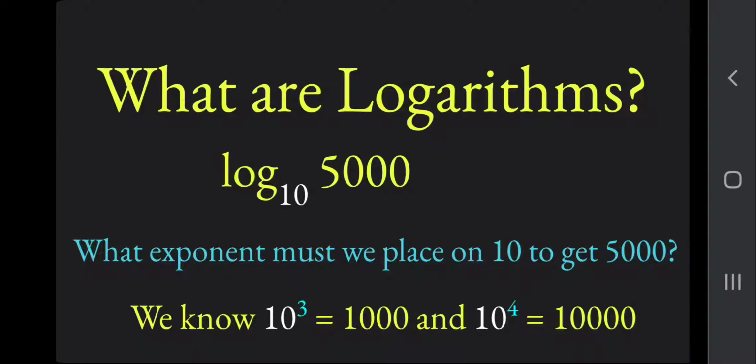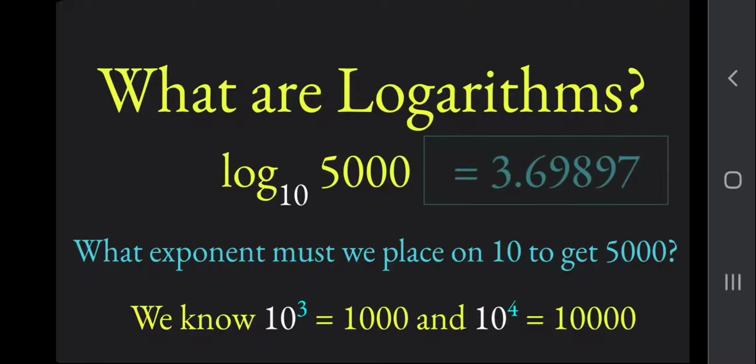So that means log base 10 of 5,000 is going to be somewhere between 3 and 4. If you just punch log 5,000 into a calculator, you'll get 3.69897. So you can see it lies between 3 and 4. Again, it's the exponent that you'd have to put on the 10 in order to make 5,000.